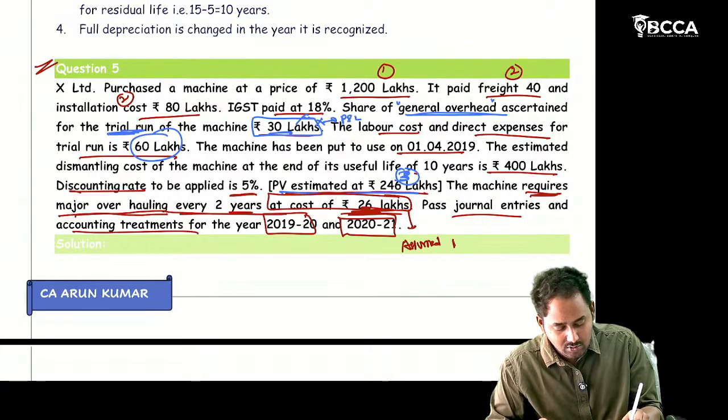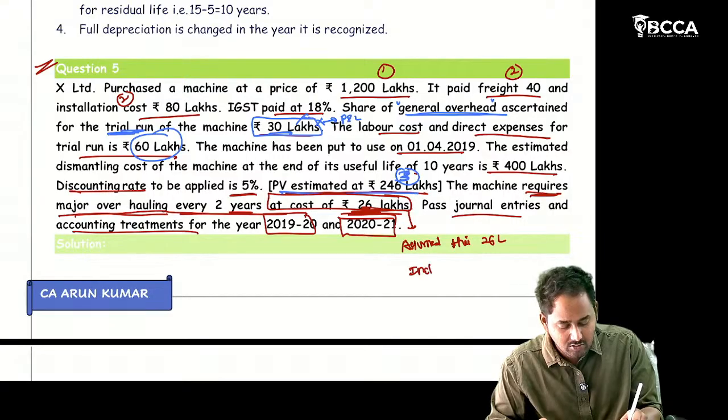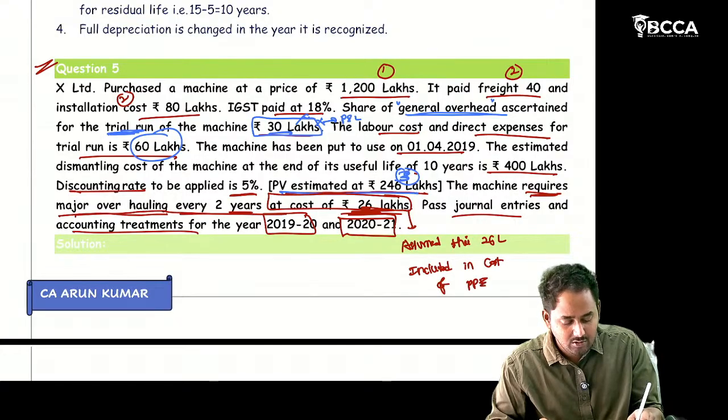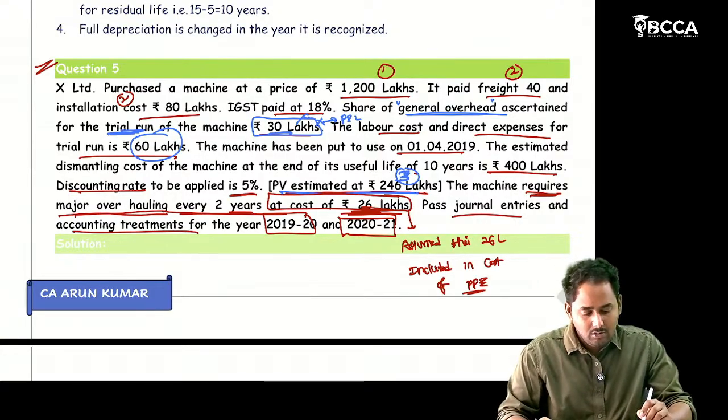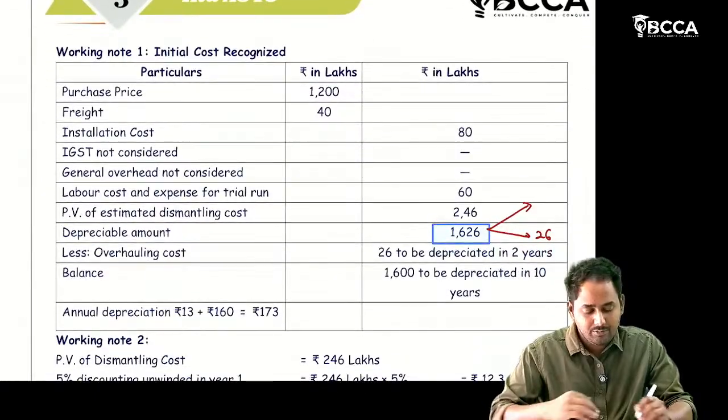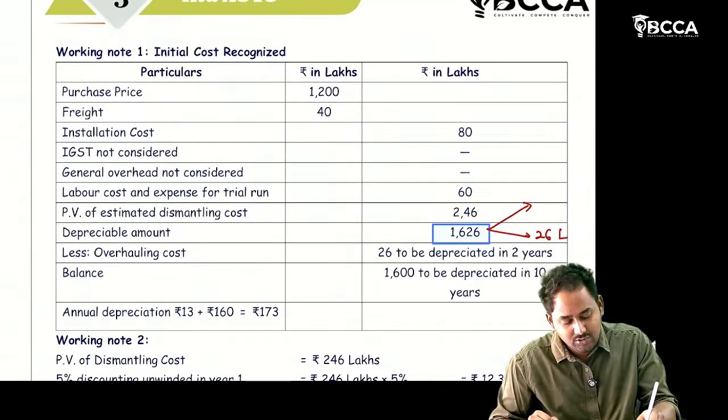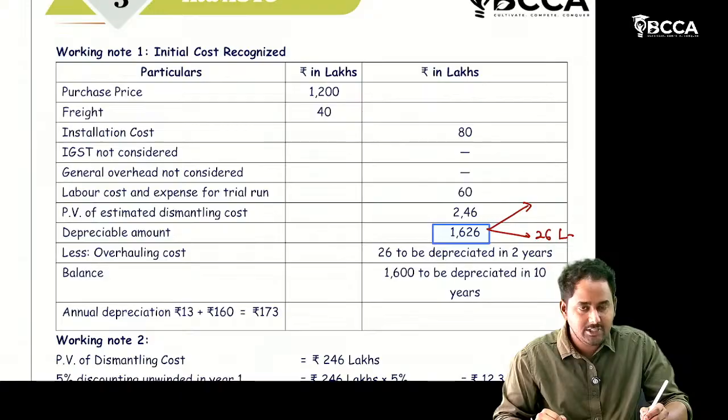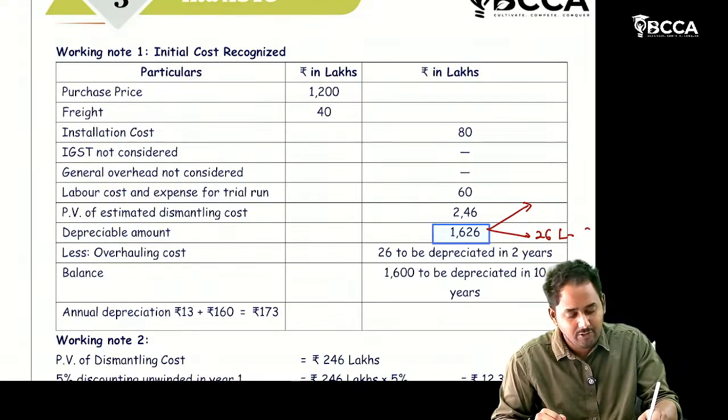Assume this 26 lakhs is included in the cost of PPE. But for this 26 lakhs, what is the useful life? 2 years.